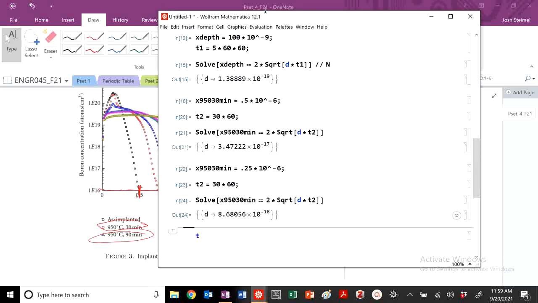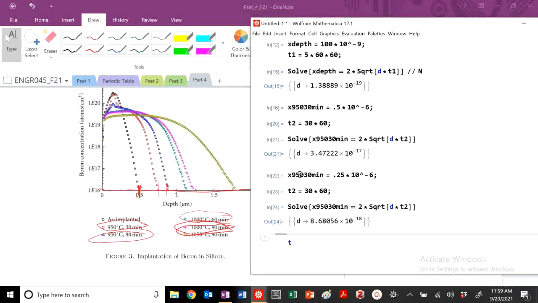So my x at 1,000 C, it's 0.75, and this is 90 minutes. I'm going to call this t3. Let's plug in here. Now this is my diffusivity here.